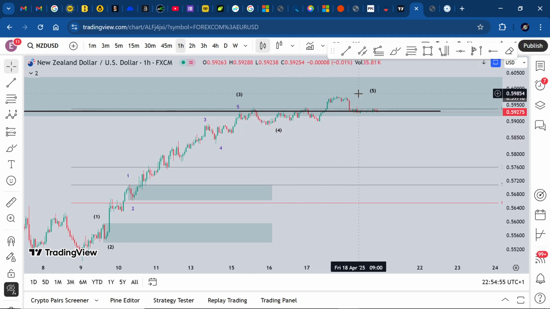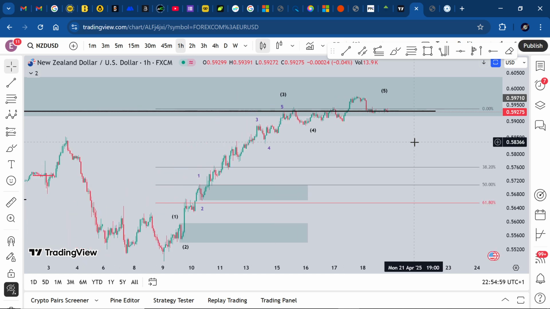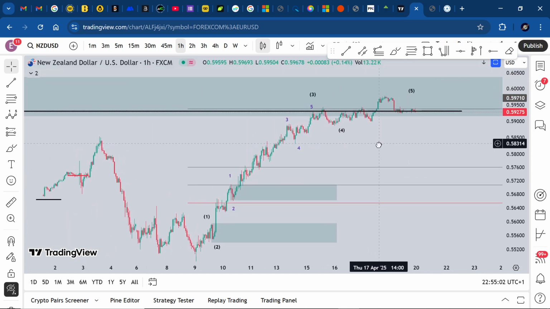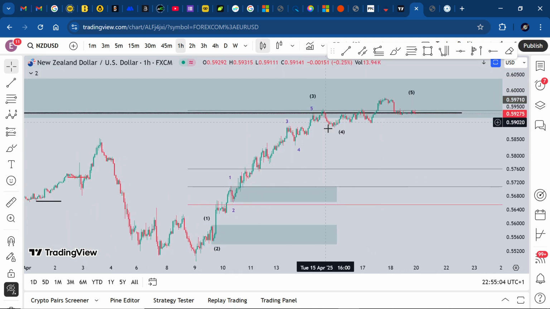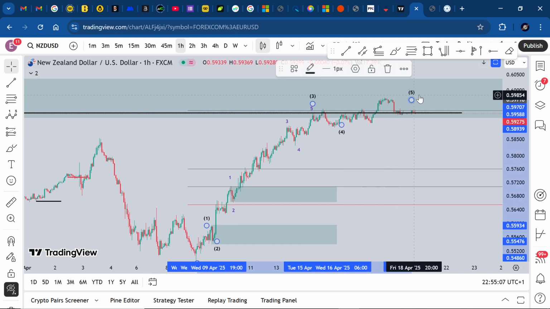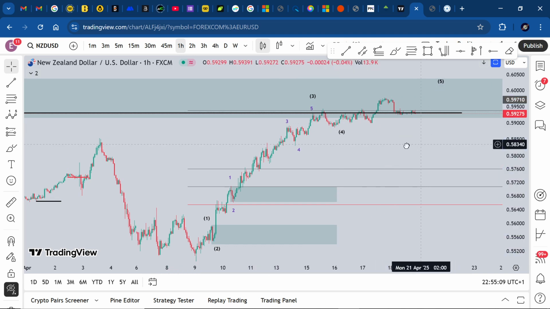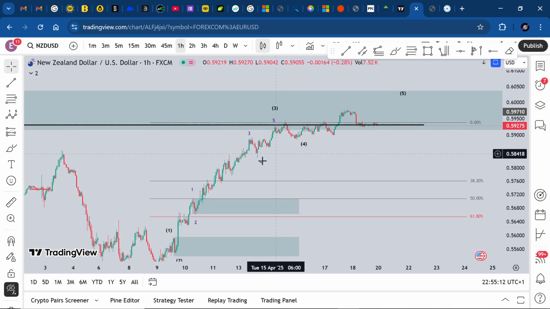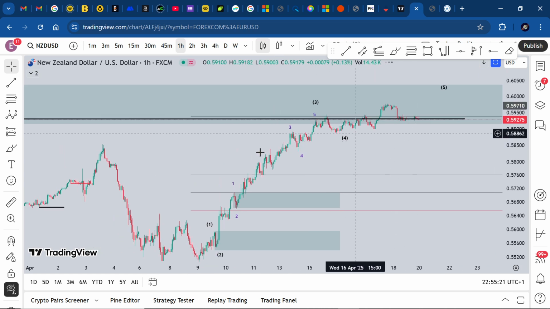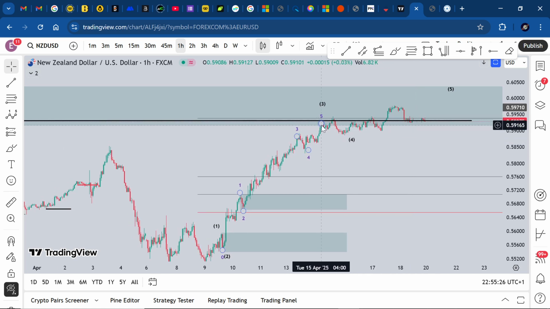Then 4, then we could have 5 done already, or we could have 4-5-4-5. So that might be up there. 3-4. There is a chance that 5 and 3 go over here as well. But I think this is my best count for right now, and I think I'll leave it as that. We'll just go and check AUDUSD.